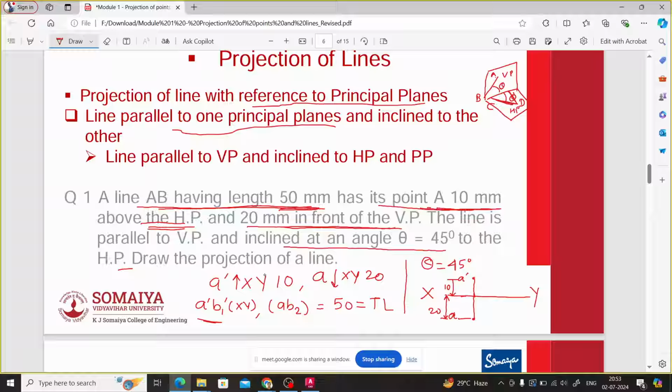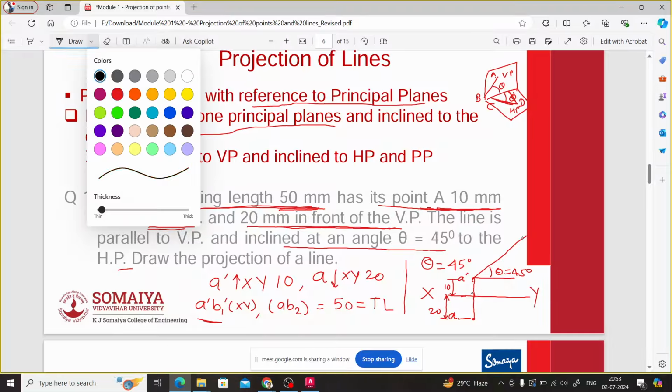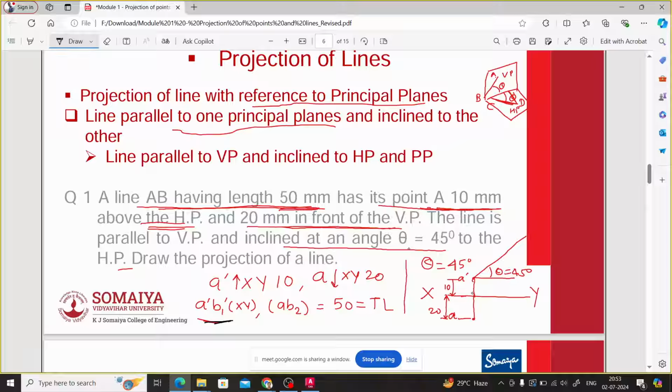Now what is mentioned? Theta is 45. So we should first take this angle of 45 degrees, theta equals 45, and we should locate the point B1 dash, because theta is always the angle made by the true length with reference to XY.